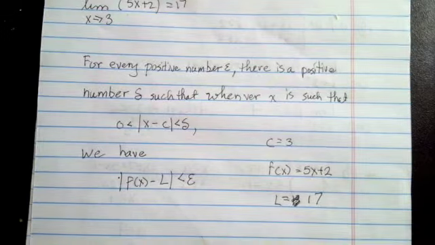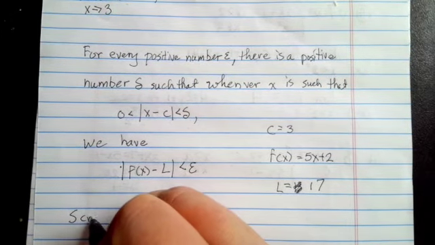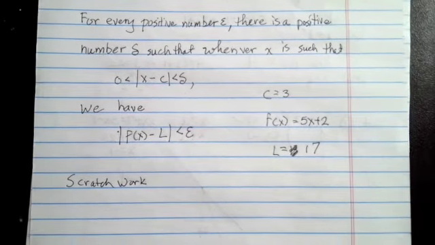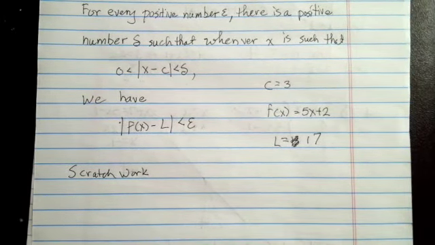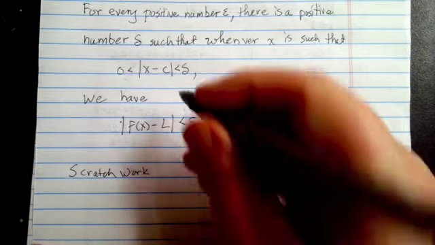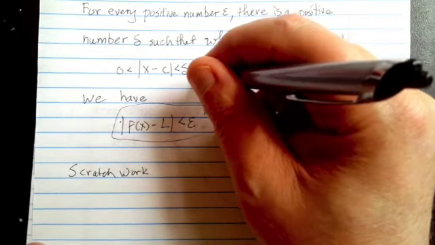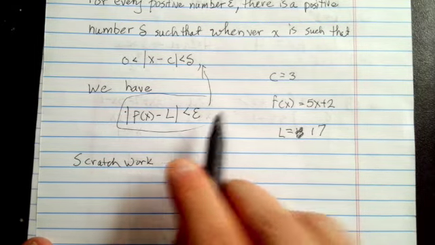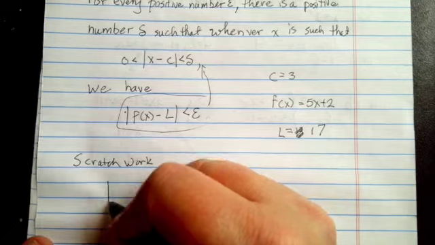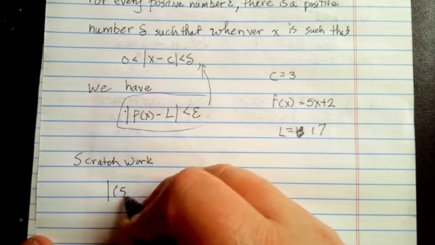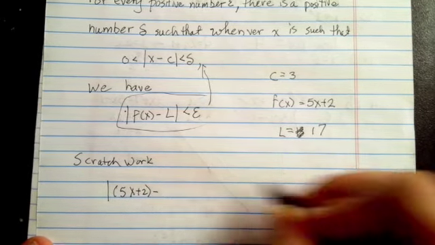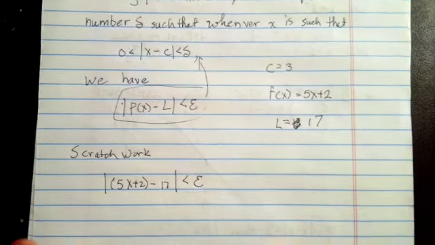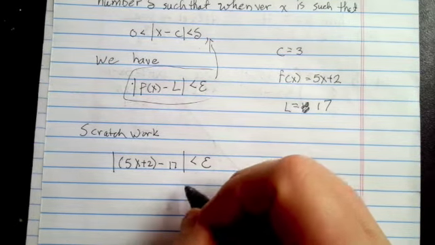I'm going to start this off with some scratch work, and then we will turn that scratch work into a proof. We actually work backwards. We start from here and then work our way up to that. So we need to start with the absolute value of f of x minus L is less than epsilon. Well, how's that going to work? Well, f of x is 5x plus 2. The L is 17. And so let's see, we need to simplify this.